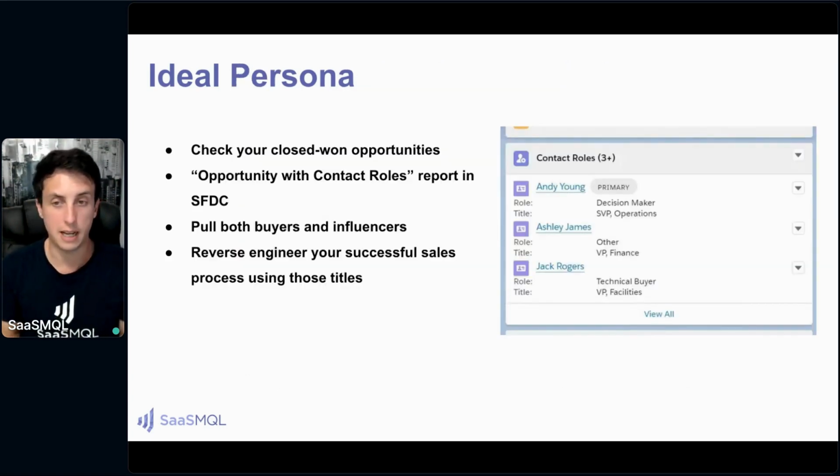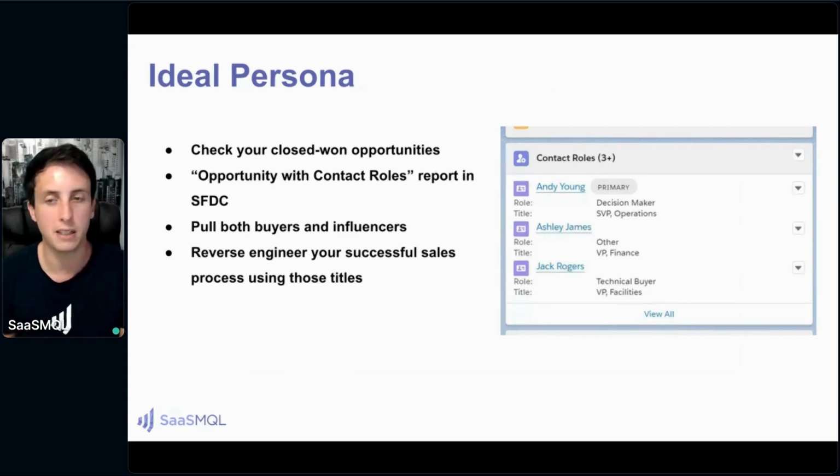So on the persona side, that's another part that you don't want to guess or use assumptions. You want to actually look at who is the persona, who is the role, what are the titles of the people that were involved in the buying process of your successful closed won opportunities, especially those that fit the profile of your best customers.